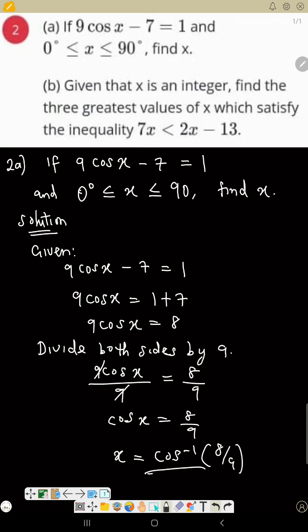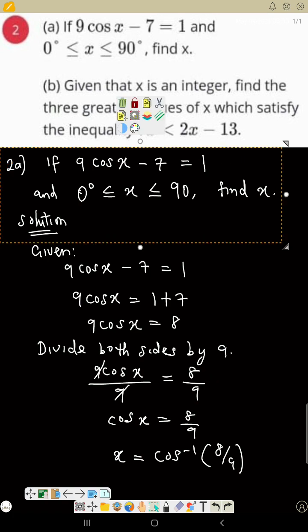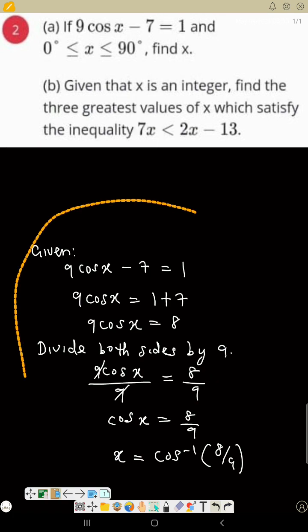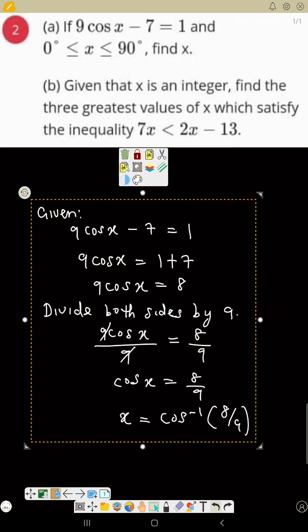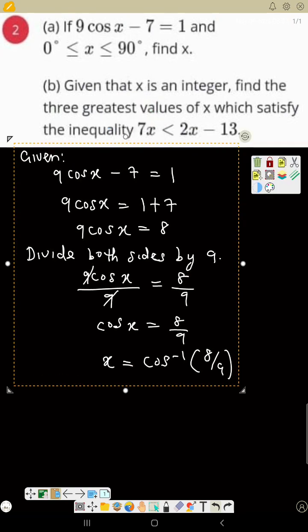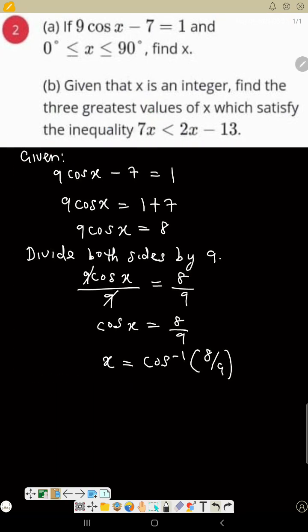So this is x. But we have a range, that is for which 0 is less than or equals to x and x is less than or equals to 90. So because of the range, we have a general formula for the range.